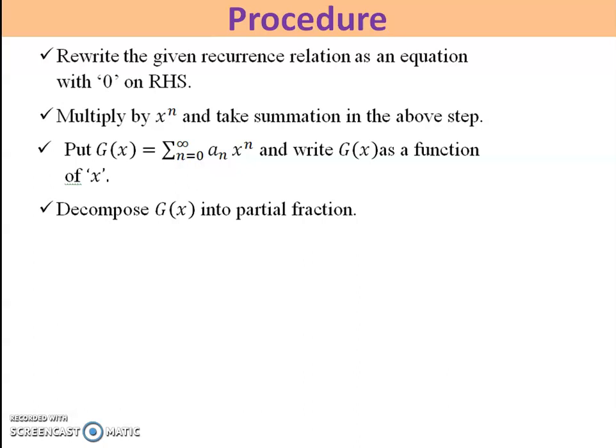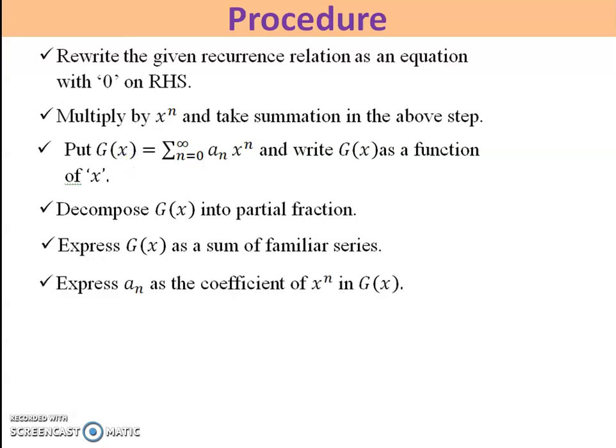Decompose g of x into partial fractions. This is a very important step, partial fraction. Then express g of x as a sum of familiar series, that is, binomial series. We are going to use binomial series. Express an as the coefficient of x power n in g of x.